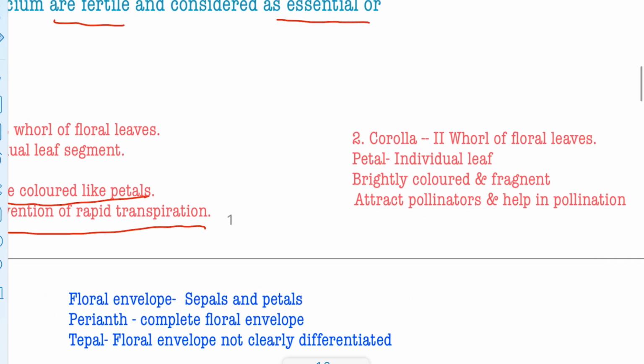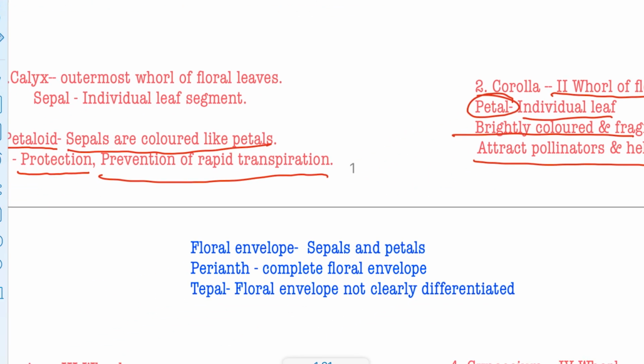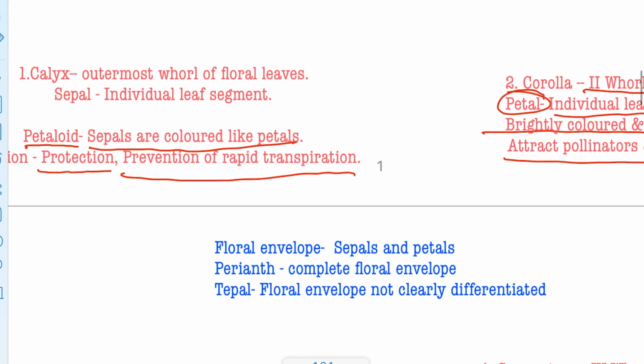The second one is corolla. It is the second whorl of floral leaves. If an individual leaf is present, it is known as petal. They are brightly colored and sometimes provide fragrance. What is their basic function? To attract pollinators and help in pollination. Sepals and petals together are known as floral envelope.